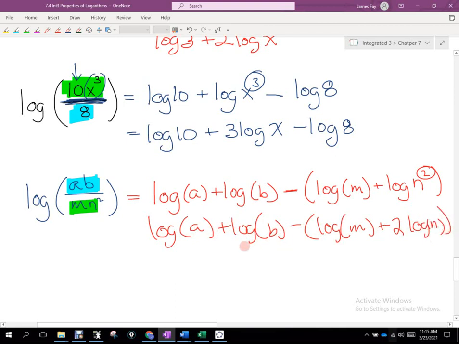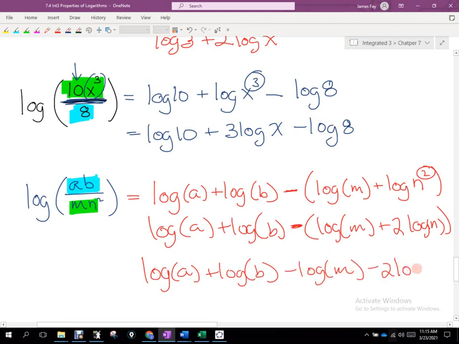Okay. Now this minus here tells us to distribute, correct? So we get log of A plus log of B minus log of M minus 2 log of N. Okay? And that would be the final answer you type in. But what I'm hoping you see here is that you can do this two ways.